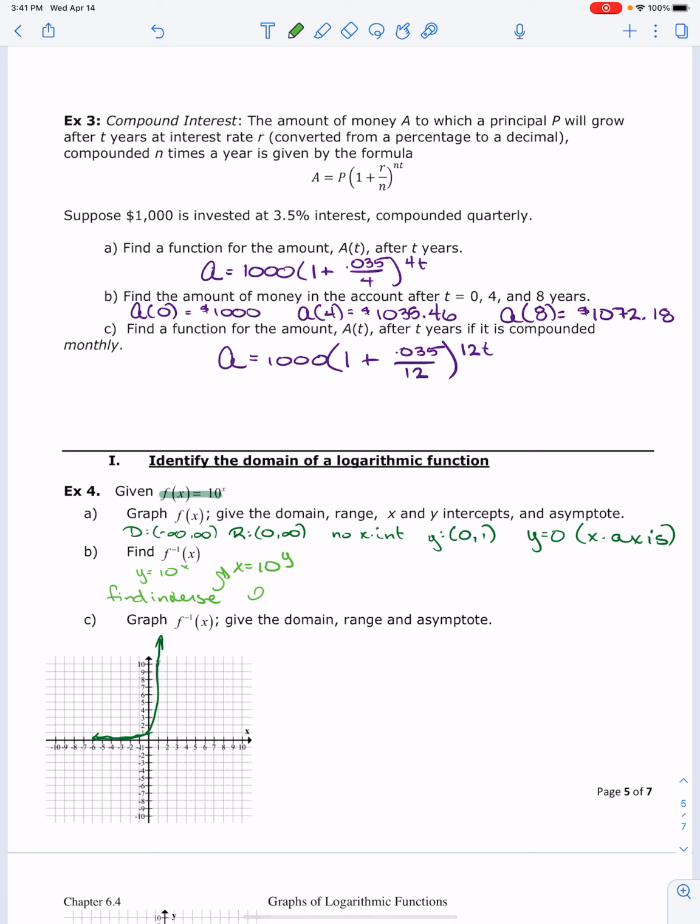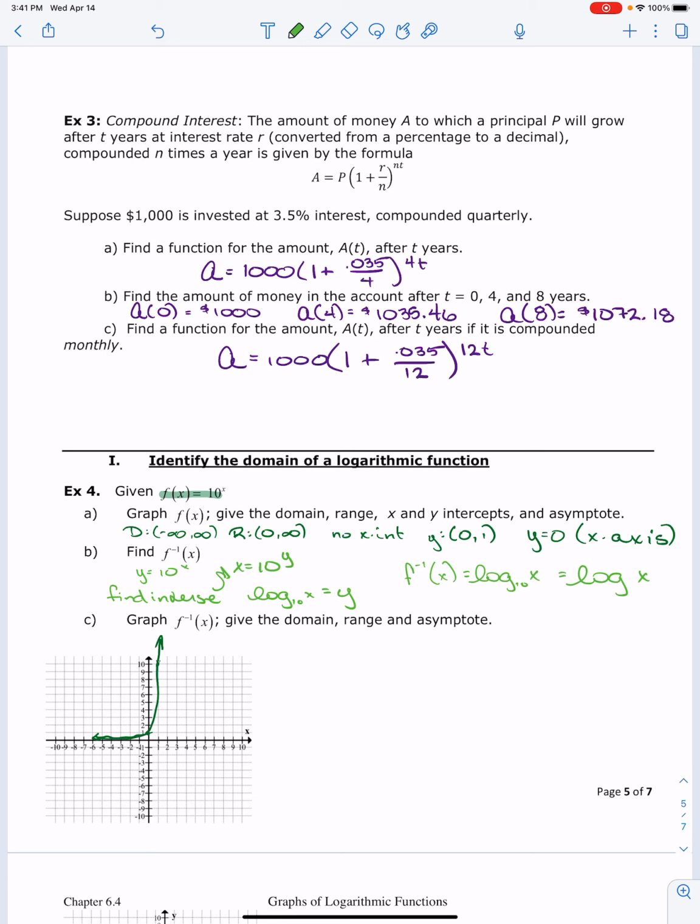So our base is 10. I get log base 10 of x equals y. Again, that is also the common log. So our inverse function here can be written as log base 10 of x, or just log x.